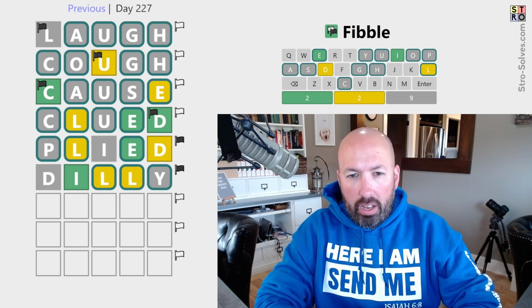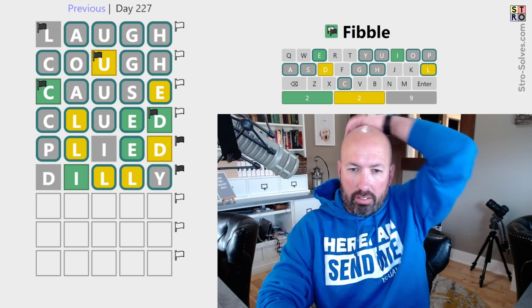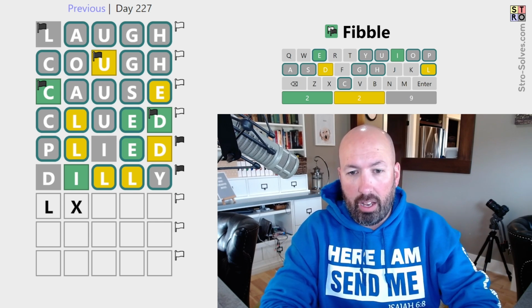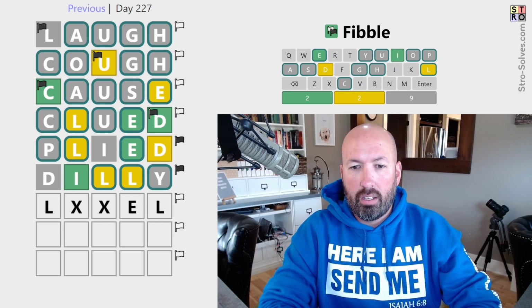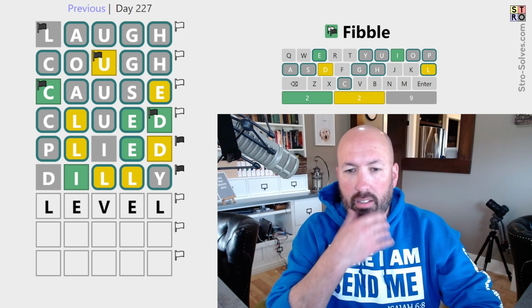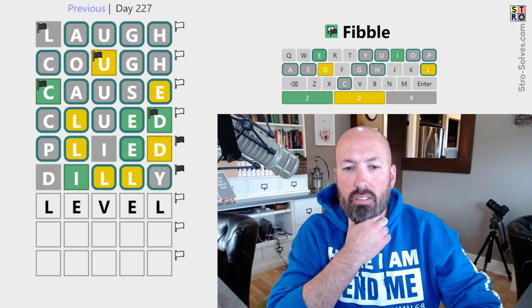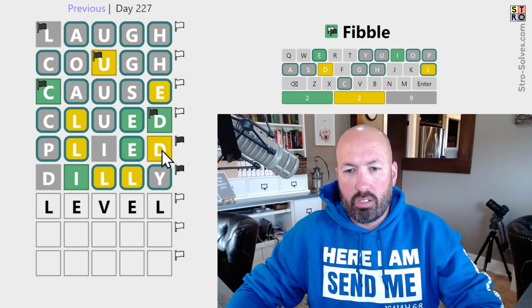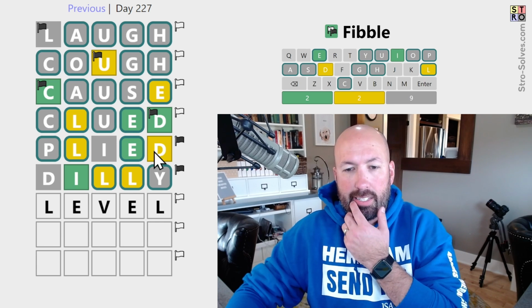But those grays, so the L has to be first and last. So L, something, maybe an I, something, E-L. We could do like "level." Would that work? There's no D or I in that situation, which would work. The yellow D and the green I could both be the lies.